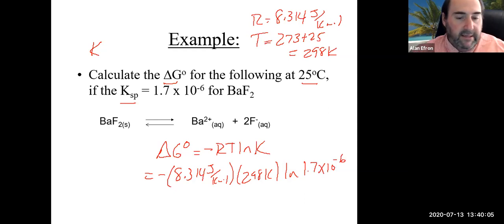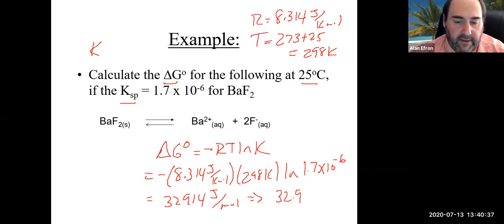If we put all that in carefully, 1.7 E negative 6 times 298 times 8.314, and make sure you make it negative, the negative in front, that should give you something like 32914. That would be joules per mole. Since delta G is typically given in kilojoules, you can take it to 32.9 kilojoules if you like.